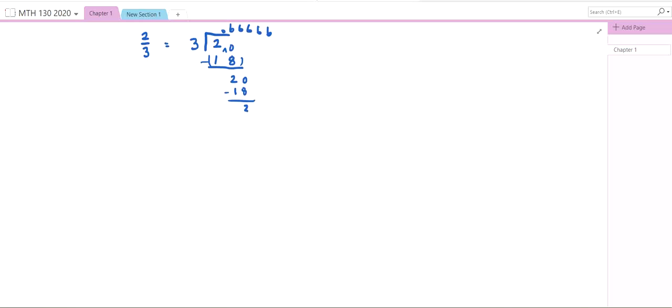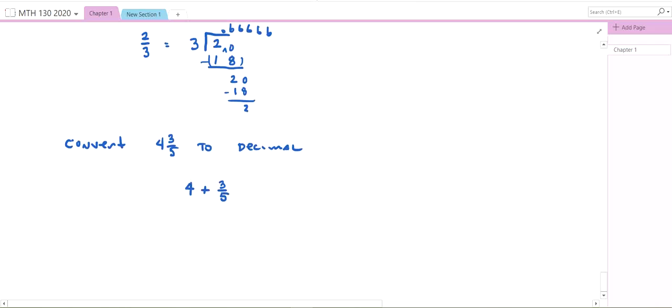Okay, let's say we want to convert 4 3/5 to a decimal. How might we approach that? Well, even though we're writing it this way, we understand that this means 4 plus 3/5.